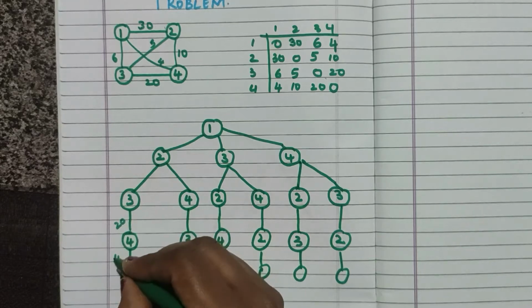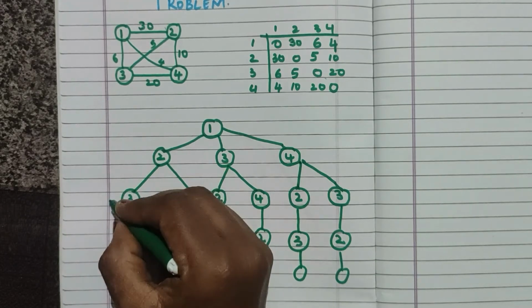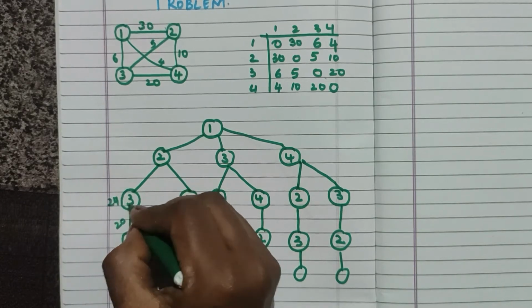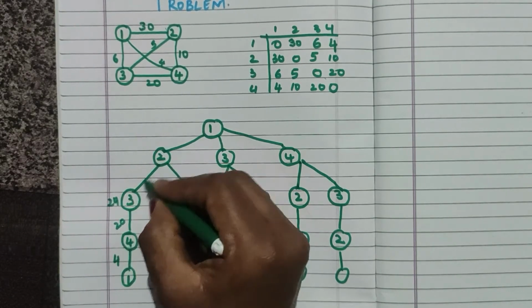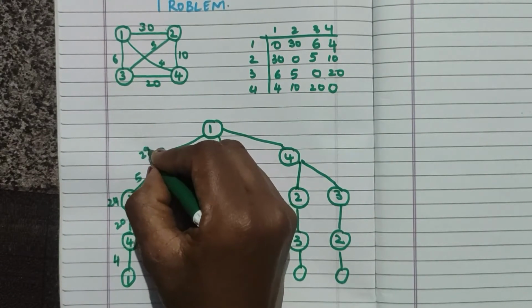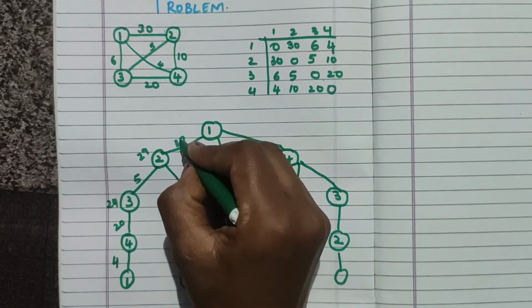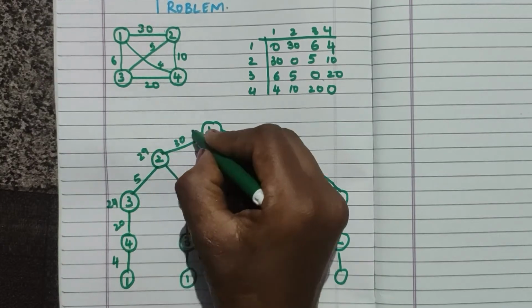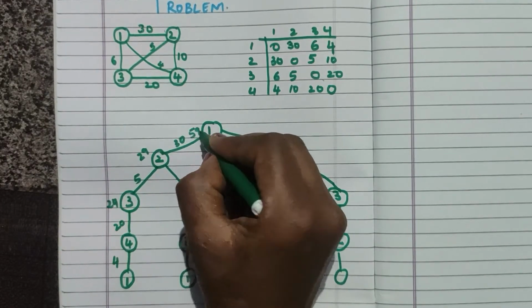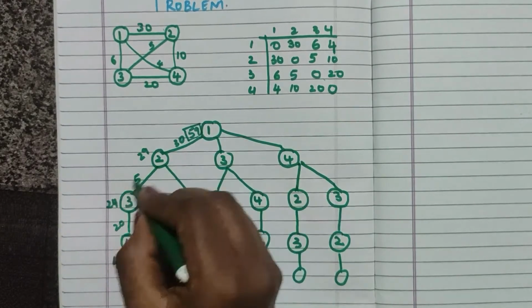Now you need to add these values. 20 plus 4 is 24. Till here I am done. Now 2 to 3, the value is 5. Add this and you get 29, and 1 to 2, the value is 30. Add 29 and you get 59. So this is the final value I have got for this path.